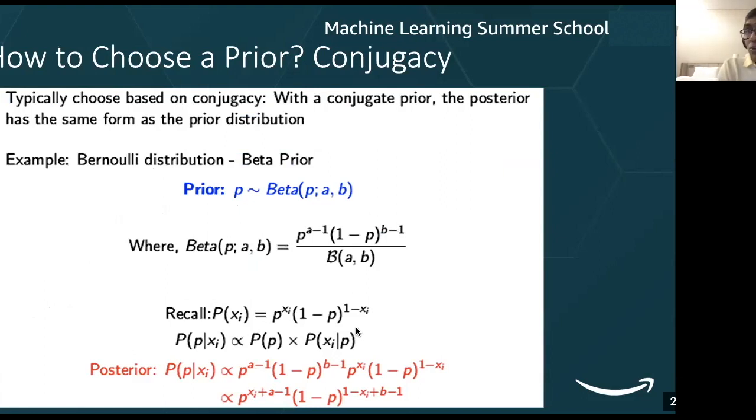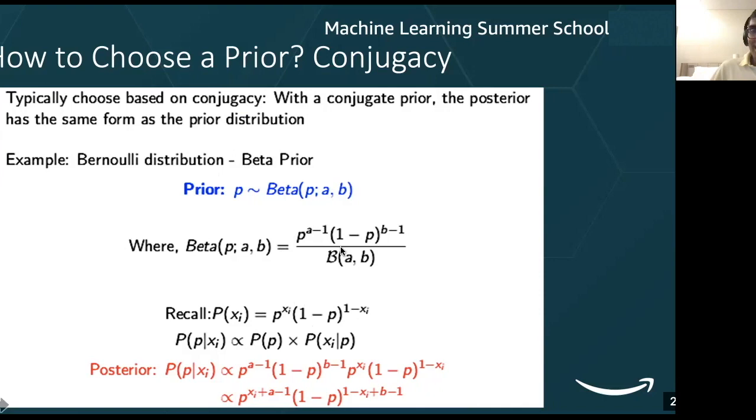So if you choose a conjugate prior where P of theta becomes a conjugate prior, then the posterior distribution ends up having the same form as the prior distribution. So this has huge ramifications when performing variational inferencing, as we will see in the second part of this particular lecture.